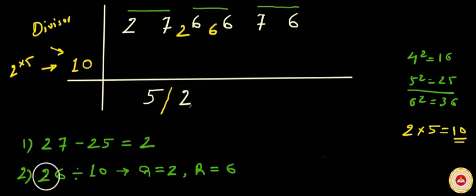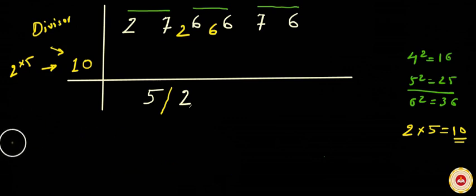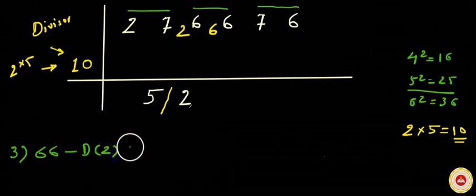So friends, please write down these steps. I am going to clean it now. Step number 3: 66 minus the duplex of the first quotient digit. This is the first quotient digit.